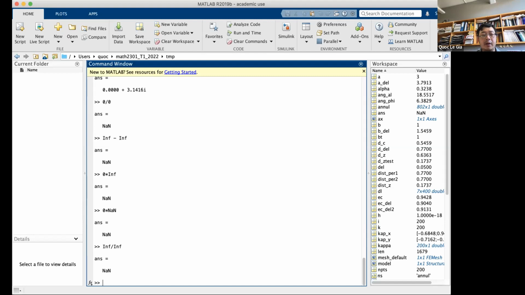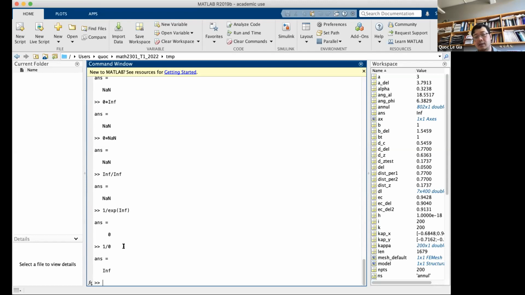Now what happens if I take 1 over exponent of infinity? 0, because you take 1 over infinity, it just equals 0. And why is 1 over 0 infinity? It is like when you take the limit of 1 over x as x goes to 0, it becomes infinity.